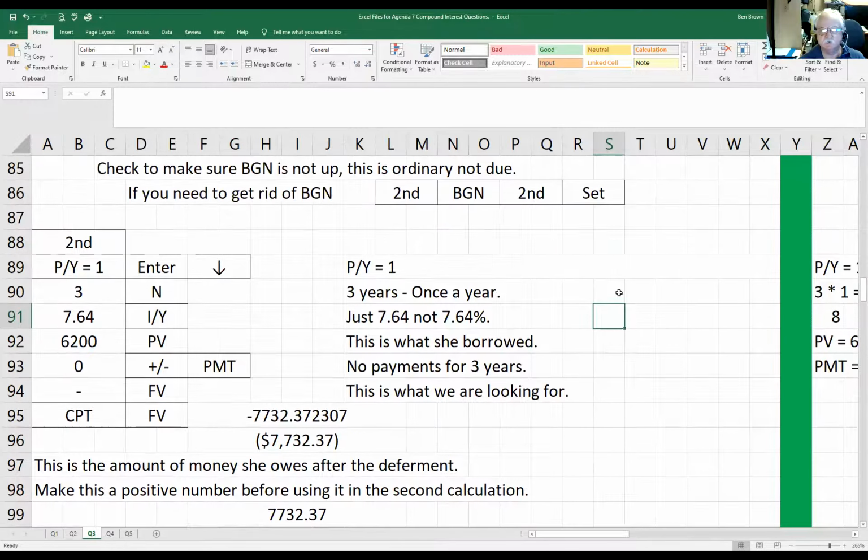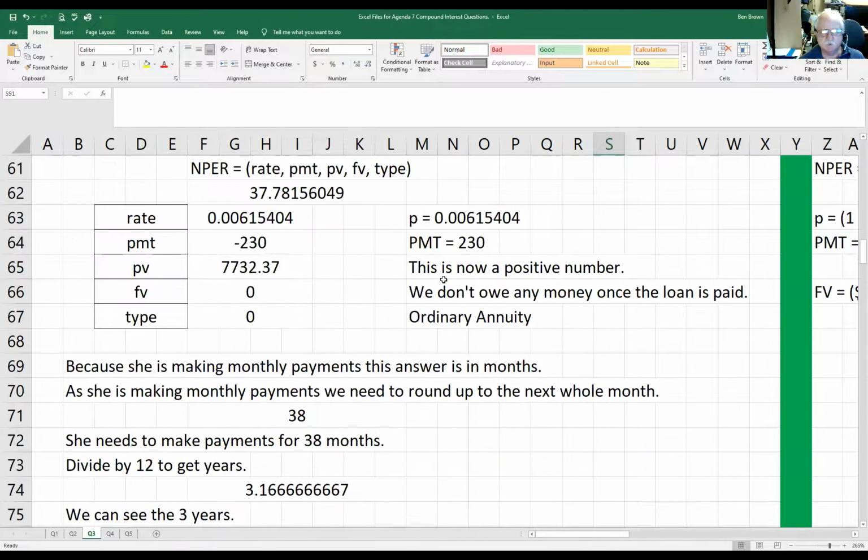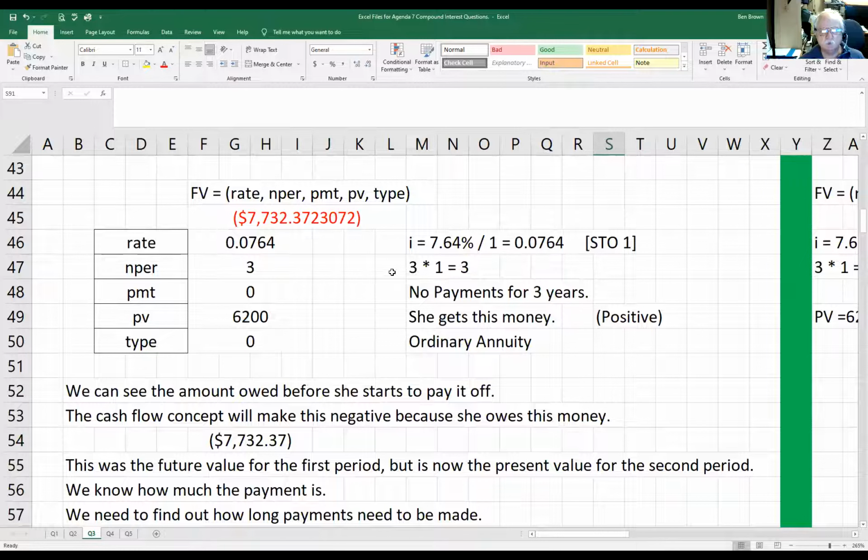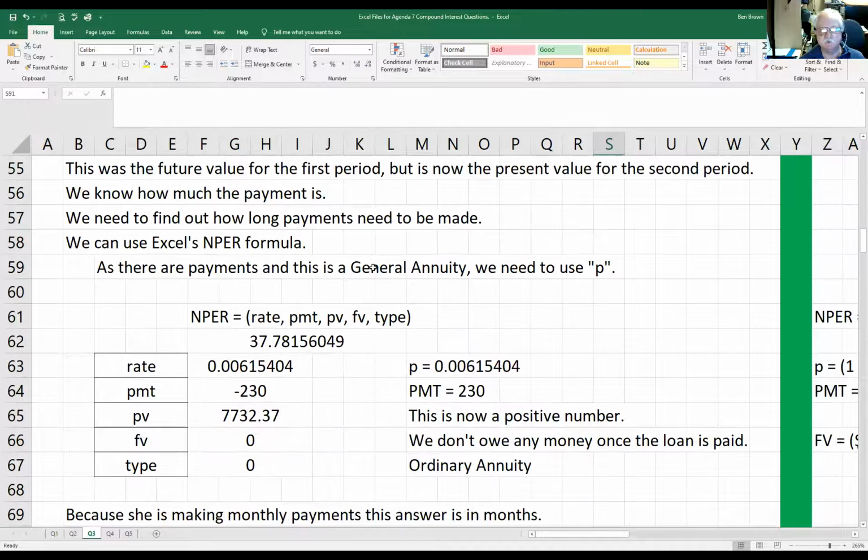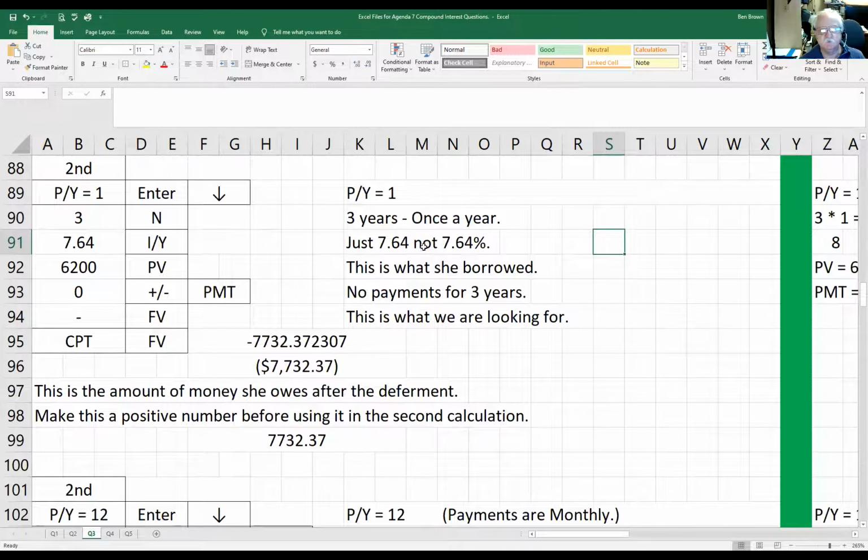Thank you for pointing that out. I shouldn't have left that up there. For this time period, payments per year are just 1, even though there's no payments. Just like we did up here, we just did 3 years. We didn't worry about the fact that we know the payments are going to be monthly, but there's no payments here. So we're not worried about them. But thank you. I shouldn't have left that up there.